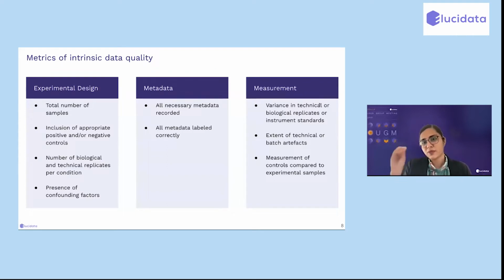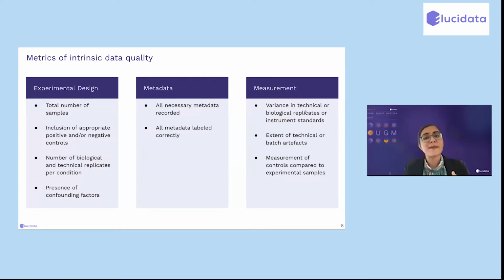And here we think of examples like: what is the variance in technical or biological replicates or instrument standards that we have used? Are there any technical or batch artifacts in the data? And what does the measurement of my experimental samples look like compared to controls? Again, these are representative examples.